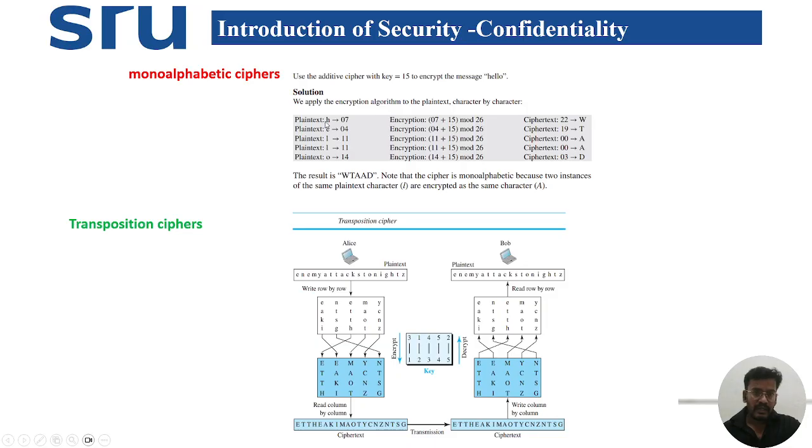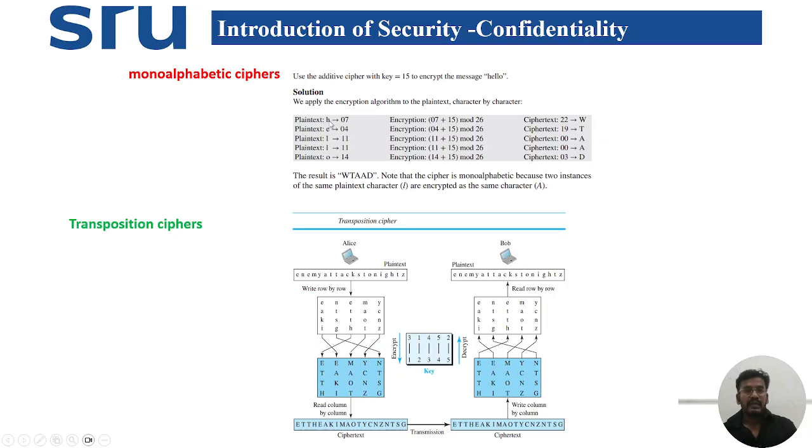For example, the plain text is hello. For hello, we use the letters as 07, 04, 11, 11, and O should be 14. We take these letters based on the previous table.